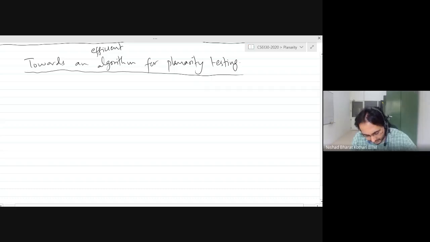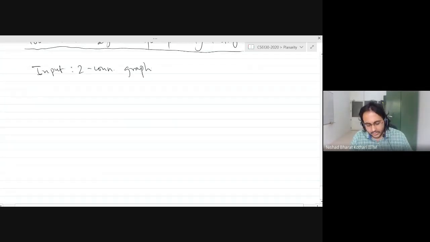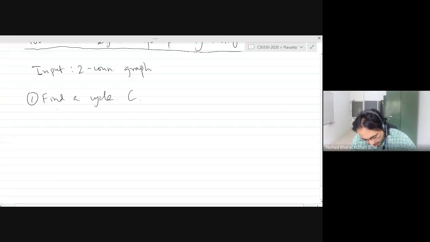Okay, so you have a graph. The input is a two-connected graph. So what we will do is we will find a cycle C. And if you have a cycle, then you can compute the bridges very easily.